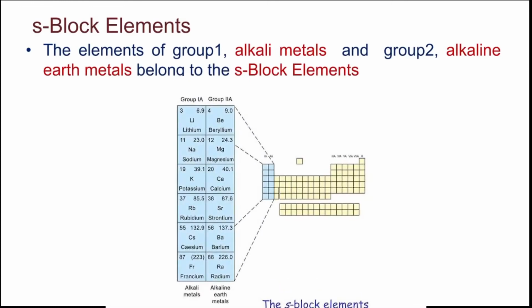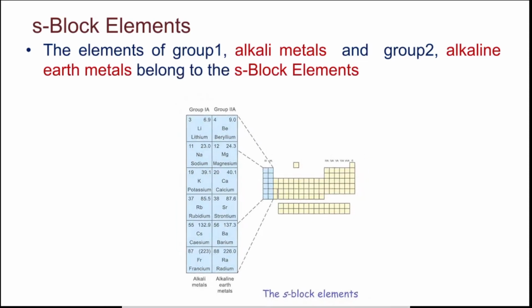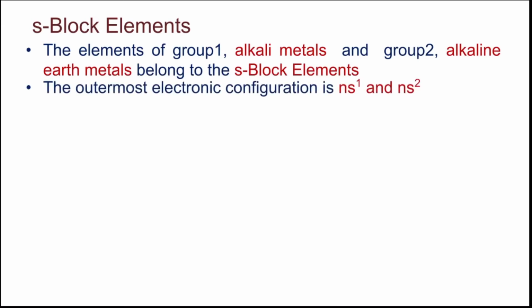Now let's see what the s block elements are. The elements of group 1, our alkali metals, and group 2, alkaline earth metals, belong to the s block. The outermost electronic configuration is ns1 and ns2.